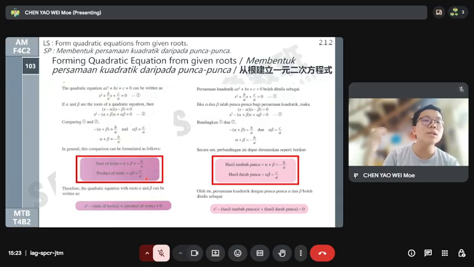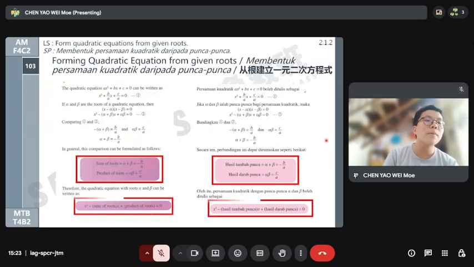So in conclusion, I can say that x squared minus the sum of roots x plus the product of roots, POR, equals 0. And for the Malay version, it is also the same. For the Malay version, SOR is hasil tambah punca, HTP, and the product of roots is hasil darab punca, HDP, and the same equation.